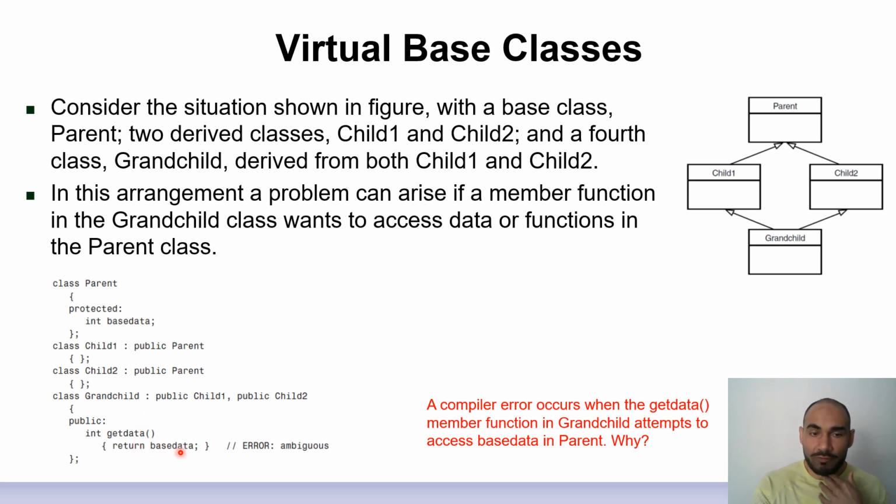However, grandchild has two copies of base data. One is coming from this side, another is coming from this side. So which one are we referring to? A compiler error occurs when the get data member function in grandchild attempts to access base data in parent. Why? Because there are two different paths to this data member.